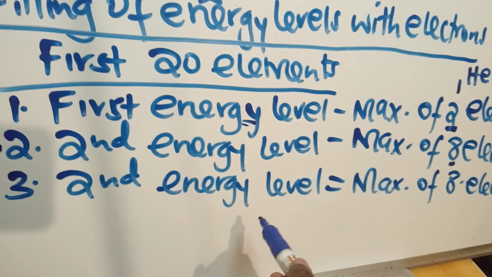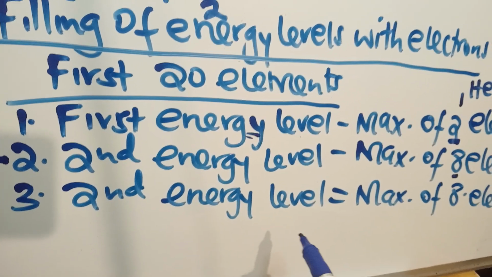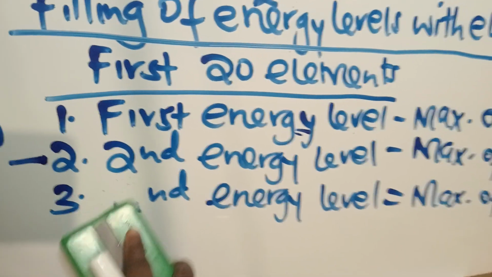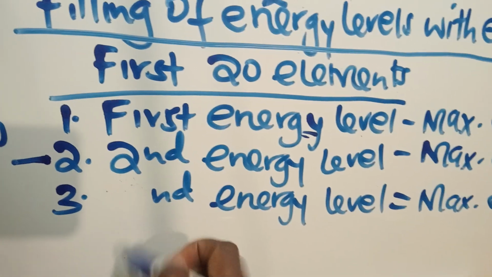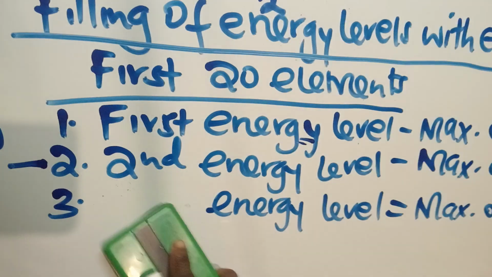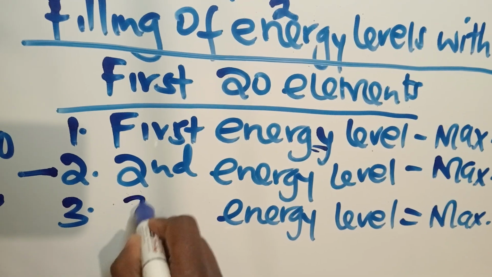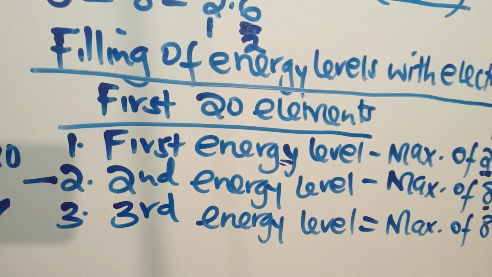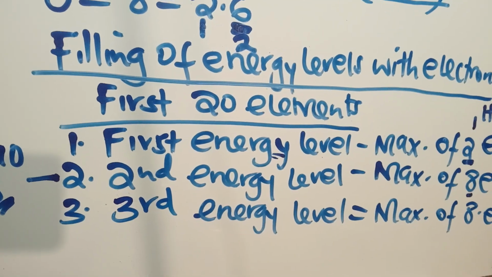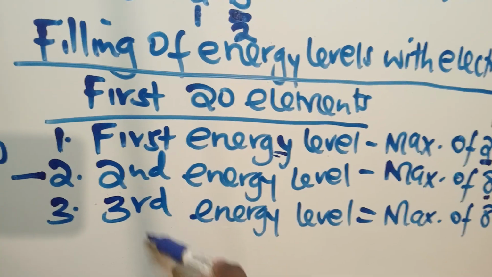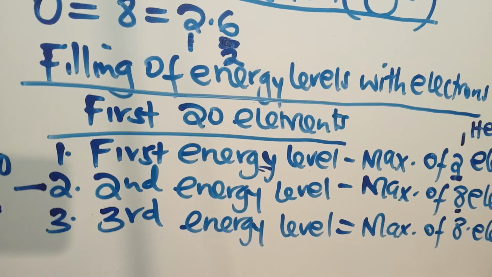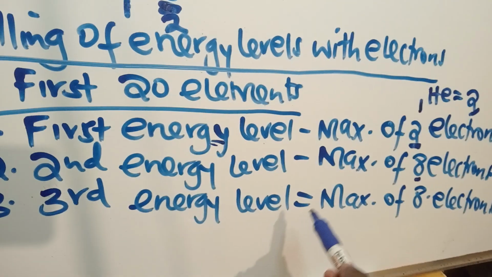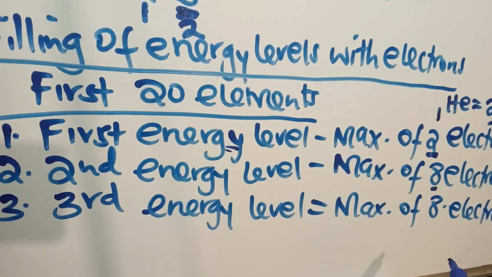When you go to the third rule, it is supposed to be the third energy level. Sorry, I hope you are also very keen to note it is just me who made a writing error. So the third energy level should also have a maximum of 8.